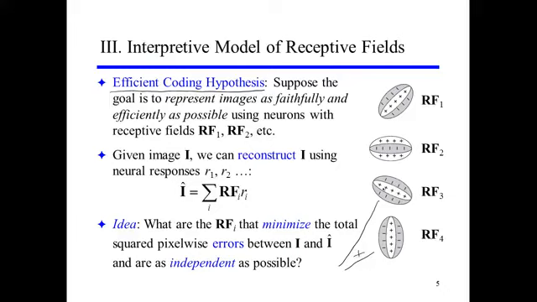So imagine that they are images. Here's a bright region in the image and a dark region in the image. Here's another bright region in the image and dark in the image. So if I think of these as just two image patches, I can add the two receptive fields, and what kind of an image can I reconstruct? Well, if you add these two together, you're going to get some linear combination of these regions.